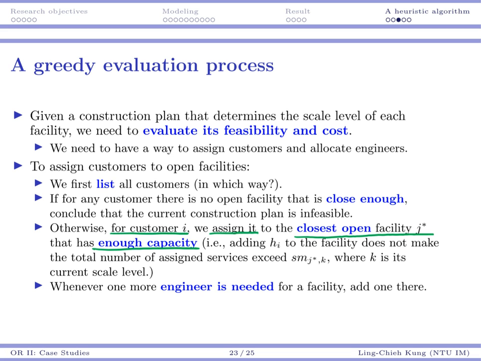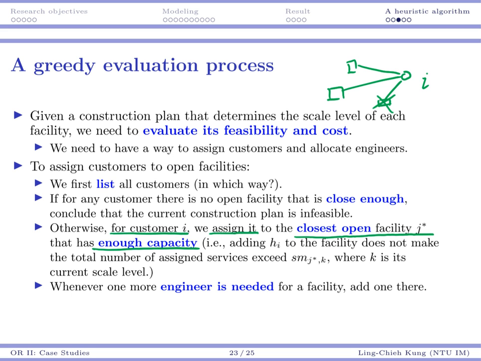What does that mean? Suppose I have a customer I, and there are a lot of facilities around it. Some facilities are near, some facilities are far, but you may also notice that a near facility may not always be open.